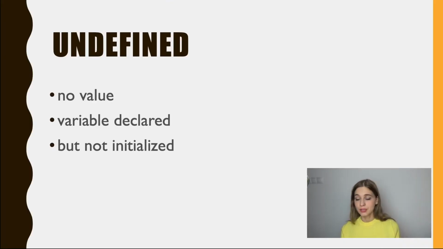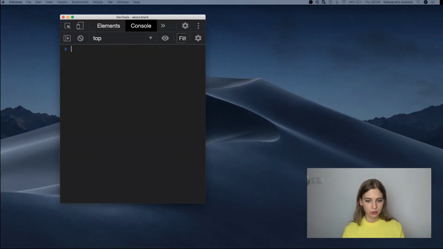Undefined. When do we come across undefined and when do we use it? If you could open your DevTools, so open your browser, a new window with about:blank, and press Option Command J or F12, and you're going to see your DevTools.